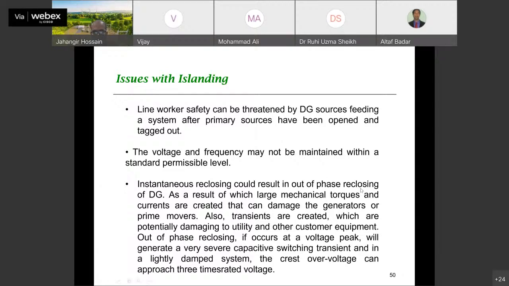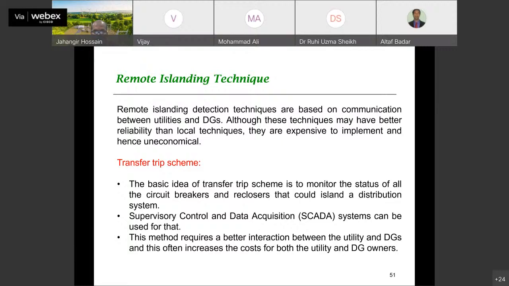Other issues also arise, like the synchronization issue that might happen as well. When it goes out of phase, sometimes you could have a very large mechanical torque and current, which might damage your generator, prime mover, everything. Sometimes it can also have high transient overvoltage. That can have a negative impact on the overall performance of the microgrid, as well as on all the appliances.